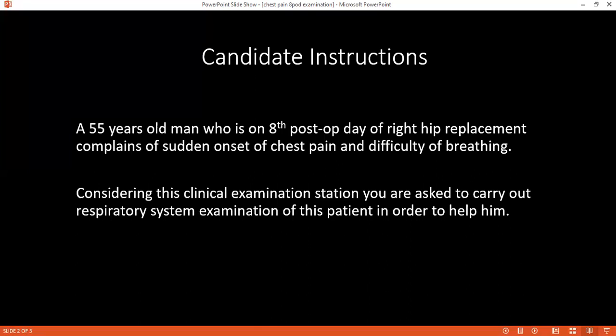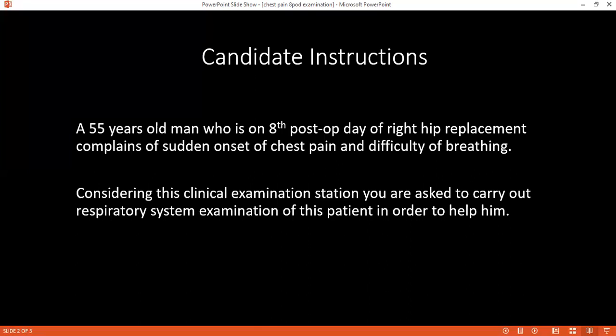If you do ABGs, what do you expect to find? The patient will have respiratory acidosis. All right. And if you suspect the patient to be suffering from pulmonary embolism, what would you see on ECG?